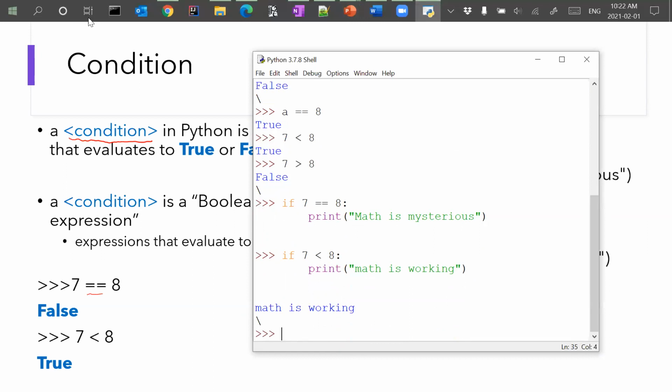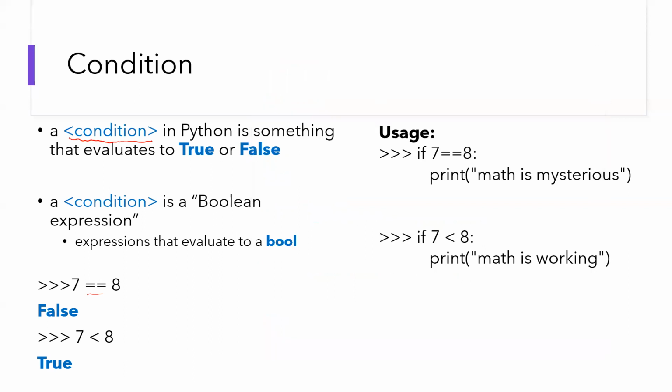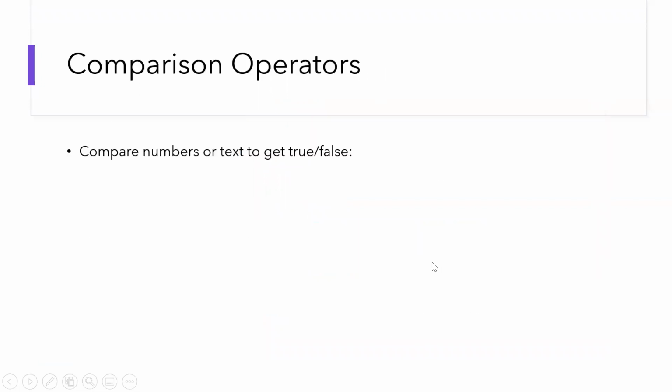In the first case, it evaluated to false, so it did not execute this statement. In the second case, it evaluated to true, so it did execute this statement. So that's in general how we use this Boolean logic in Python to help our program make decisions. We're going to go into a lot more depth and detail on these if statements, but that's sort of the introduction to it.